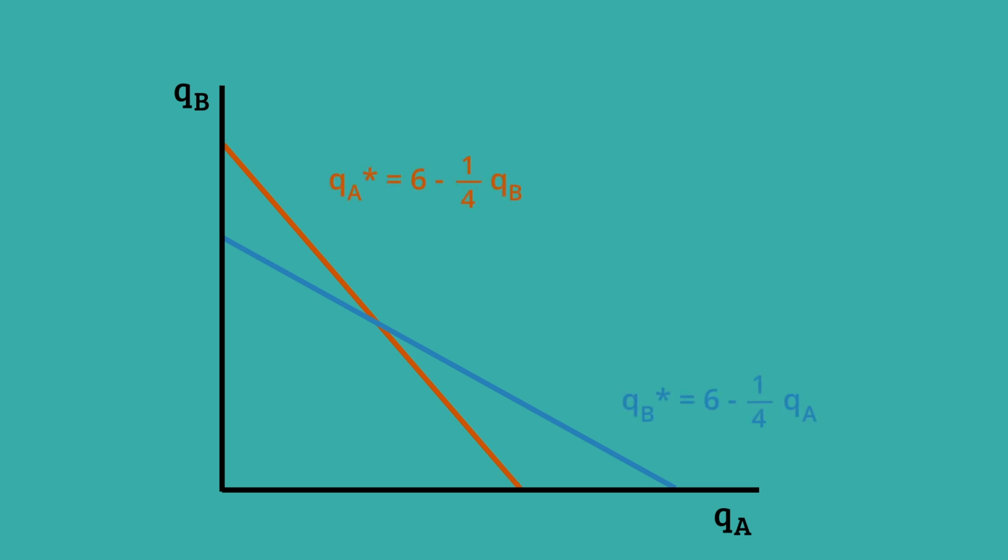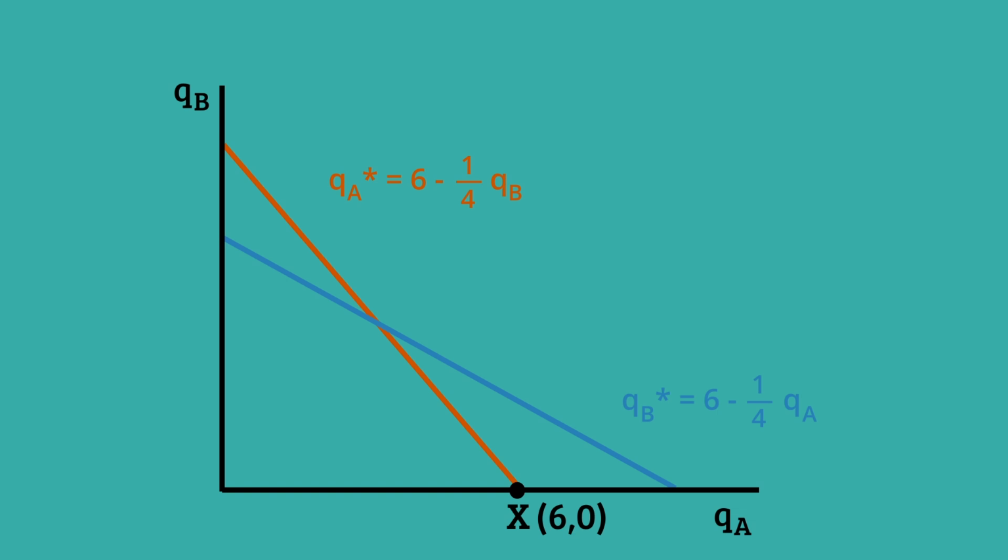Suppose initially firm B produces nothing, that is, QB equals 0. How much should firm A produce to maximize profit? The answer is given by the best response function. QA star equals 6 minus 1/4 times 0 equals 6. This outcome is given by point x, 6, 0. Is it optimal for firm B?